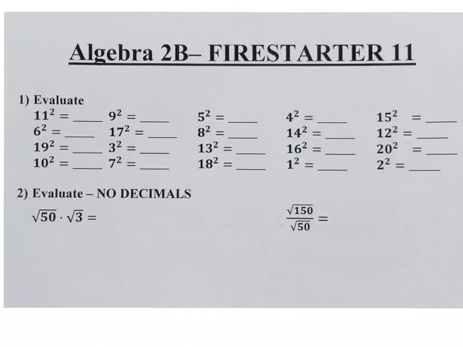All right, just to finish this up, I'm going to do Firestarter 11 real quick, and then we'll finish the notes probably tomorrow. So Firestarter 11, look, the first thing we want to do, this is just a way to get you to learn some of these perfect squares. 121, 6 squared is 36, 19 squared is 361, 10 squared is 100.